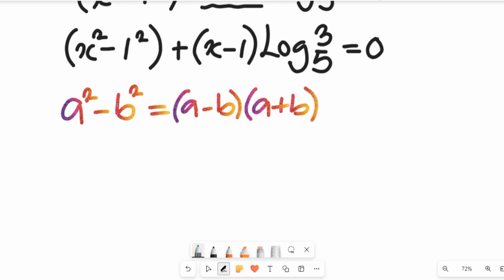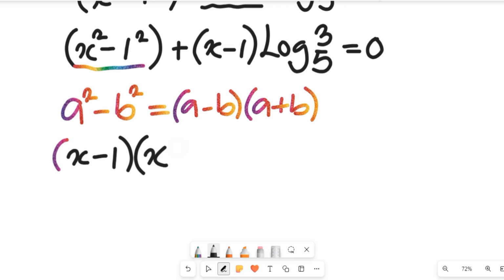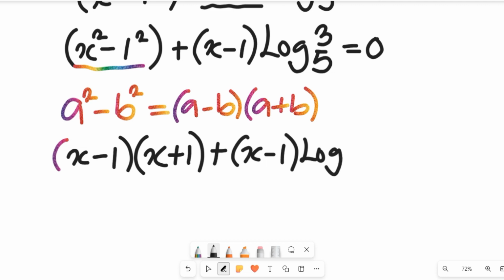Now, if we have that, this whole expression will give us x minus 1, multiplied by x plus 1, and this will be plus x minus 1 multiplied by the log of 3 base 5, and this will be equal to 0.